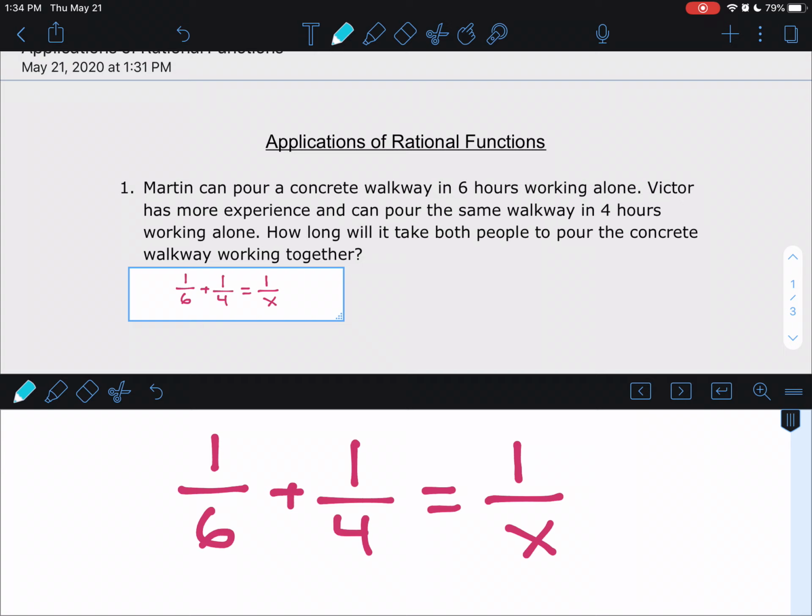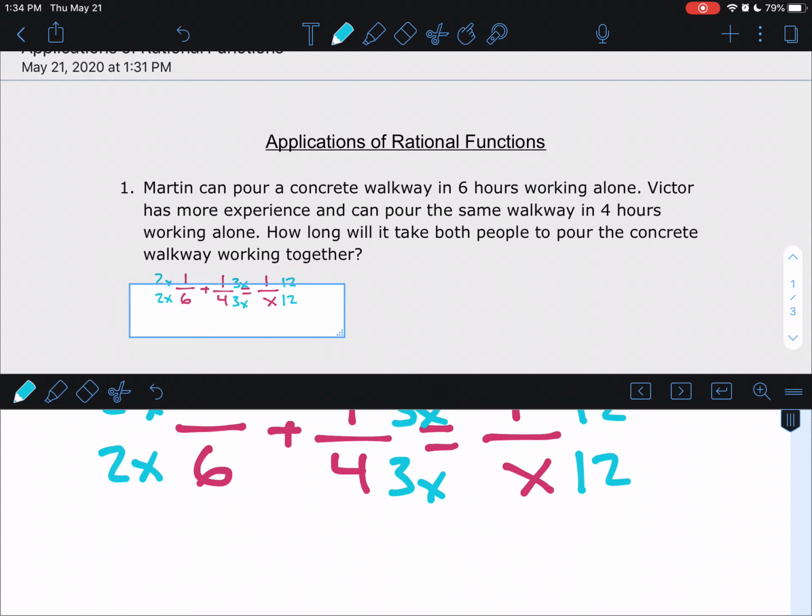So if I want to get this 6 to a 12x, I have to multiply it by 2x. If I want to get this 4 to a 12x, I have to multiply it by 3x. And if I want to get this x to a 12x, I have to multiply by 12.